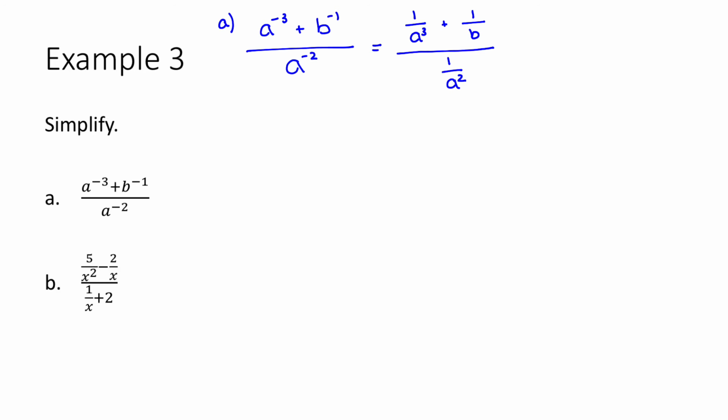Then I look at what is the LCD. So the highest power of a is a to the third, highest power of b is b. So now what I'm going to do is multiply the numerator by that least common denominator over 1. And do the same thing with the denominator.